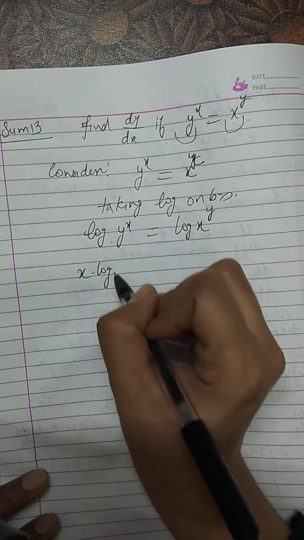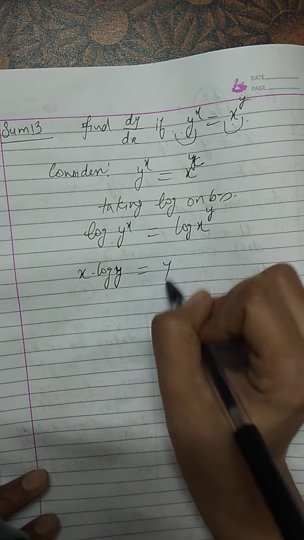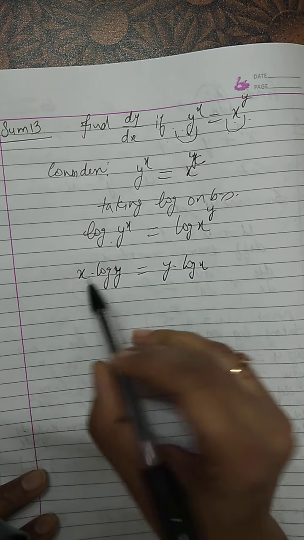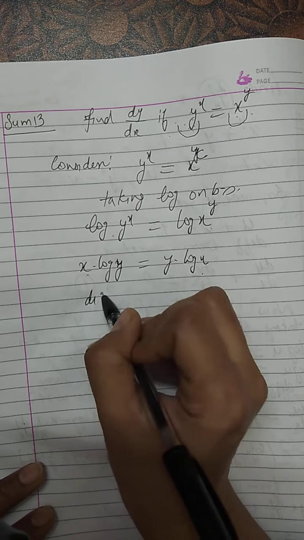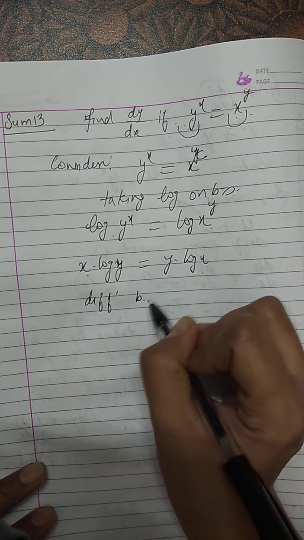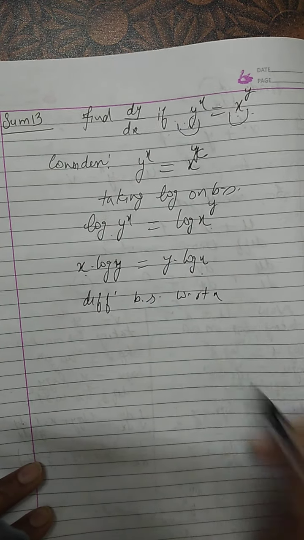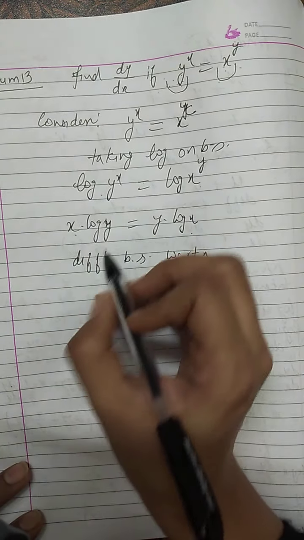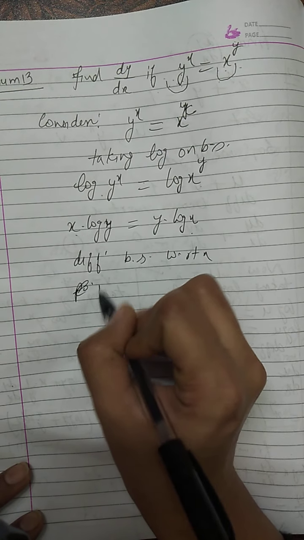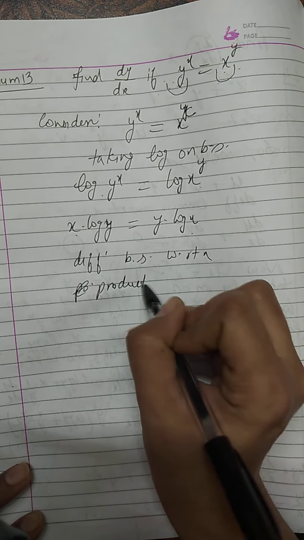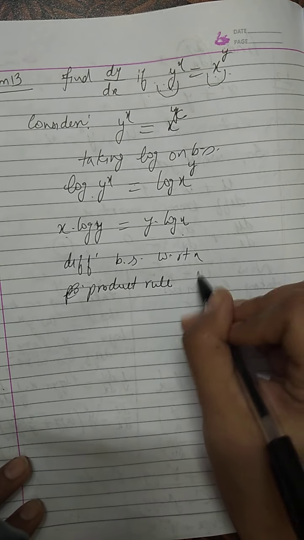So we are getting x log y is equals to y log x. When you differentiate both sides with respect to x, we will apply product rule in the left hand side and product rule in the right hand side.